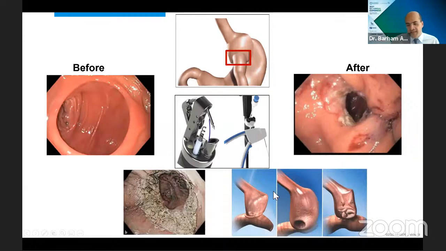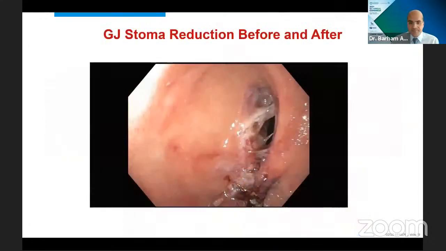And the USGI incisionless platform, through the ROSE procedure, uses smaller plications around the gastrojejunal anastomosis in order to do this revision as well. Most of the literature is on the OverStitch and some on APC. Therefore, the focus of this talk will be on these modalities.